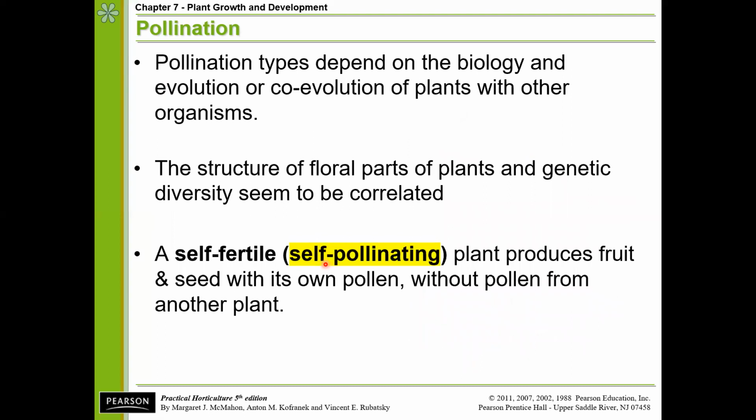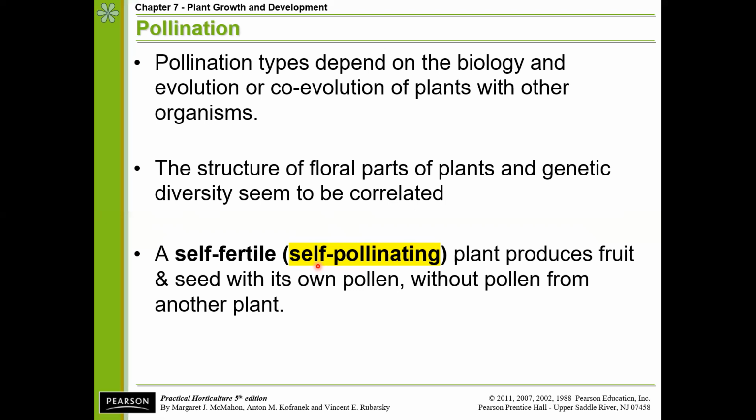So the pollination type itself, and the way that it actually develops into fruit, depends totally on the biology and the plant's evolution, as well as its co-evolution with other organisms, like the insects that bring the pollen to the flowers. So we have self-pollinating plants that produce their fruit and seed with their own pollen. They don't need pollen from another plant.